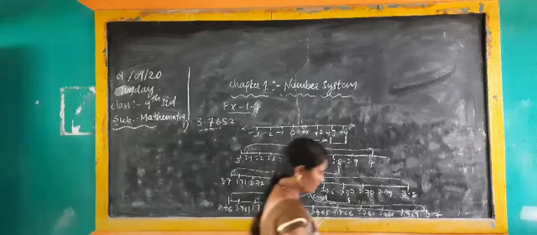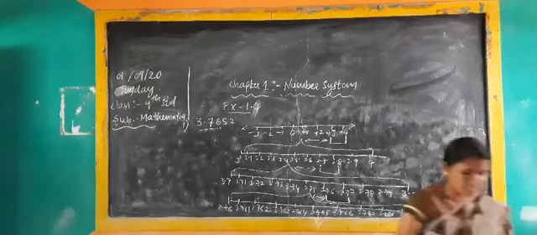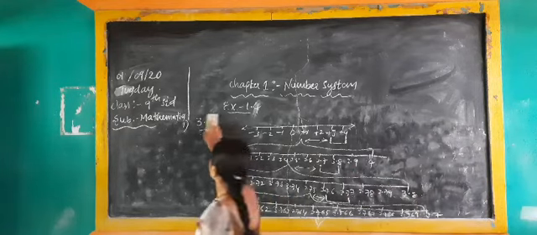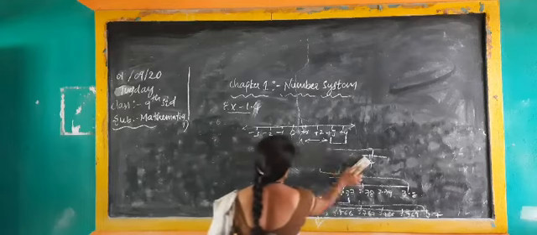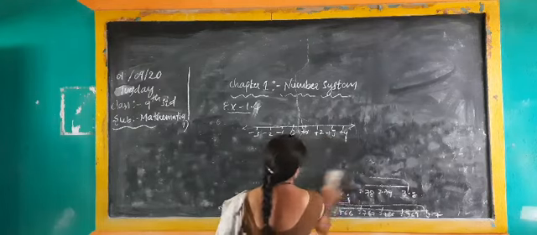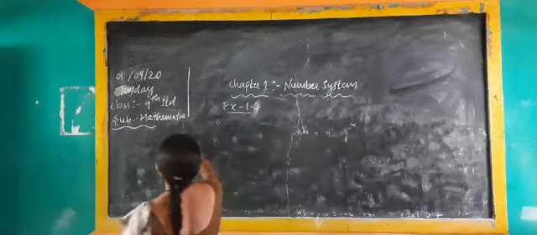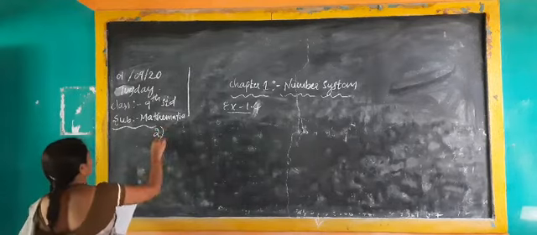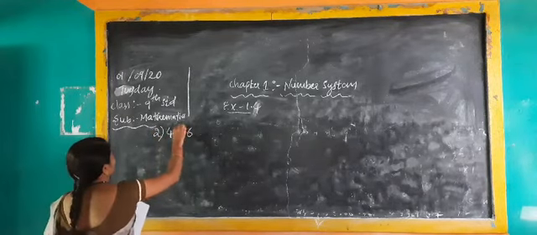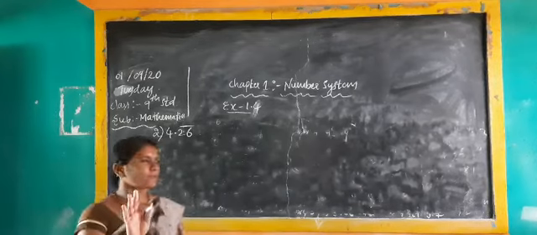Next, the second one is 4.26 bar. Here they have given 4.26 bar on the number line up to 4 decimal places.